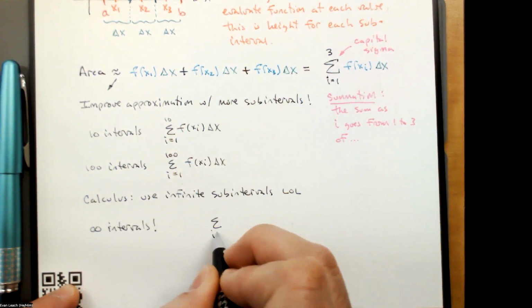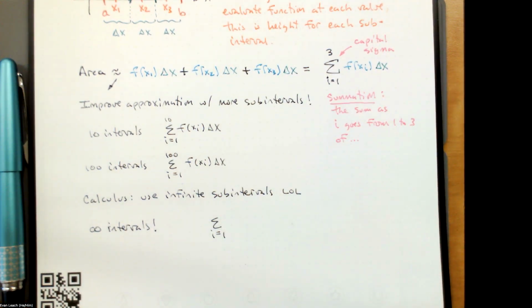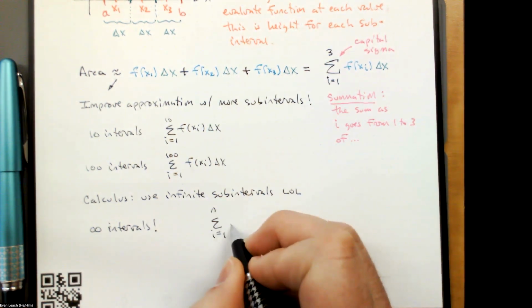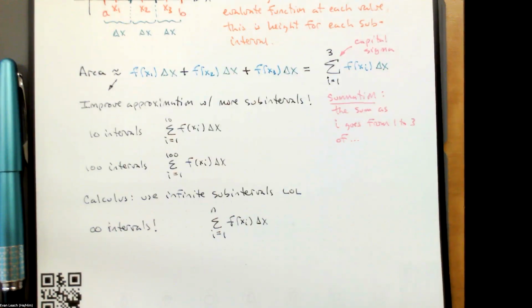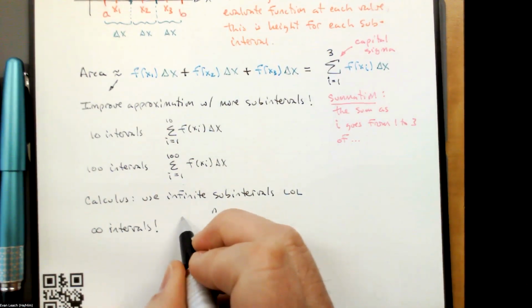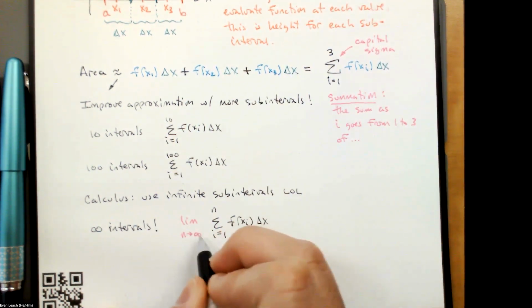We can't just plug in infinity because we have to have a number. We're numbering things, right? So we're going to say we're going to use n subintervals. And to use an infinite number of subintervals, we just take the limit as n goes to infinity.